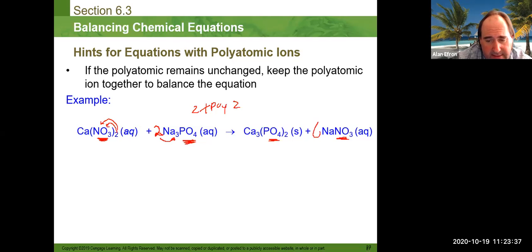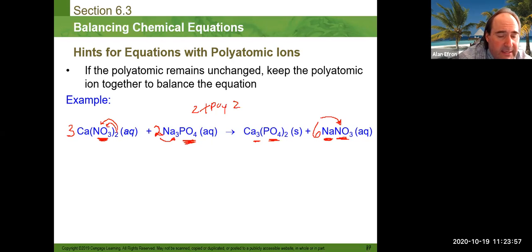I would need to put a 6 in front here. That's going to give me 6 sodiums, but now also 6 nitrates. And I can fix that by putting a 3 over here, giving me 6 nitrates and now 3 calciums, which is actually what I need.